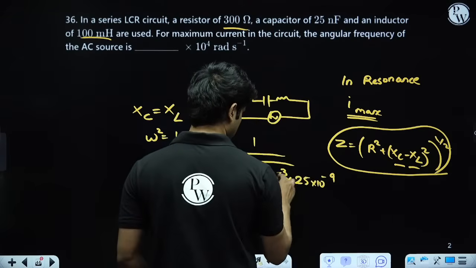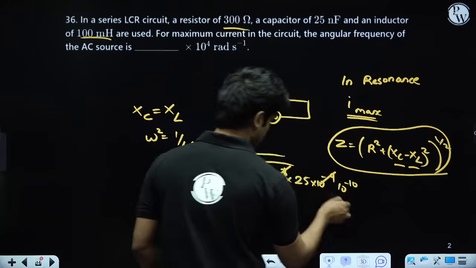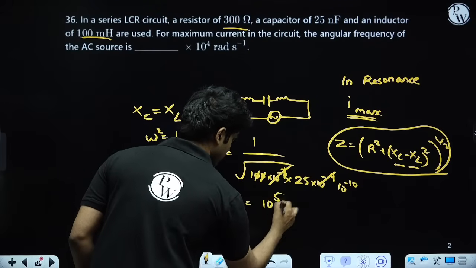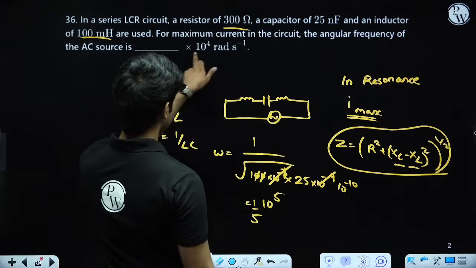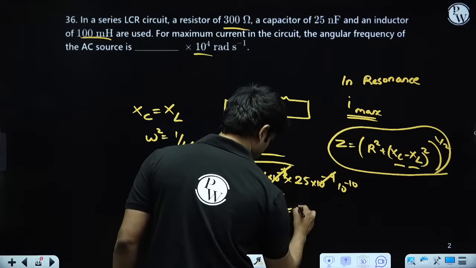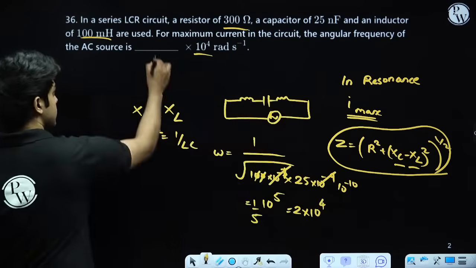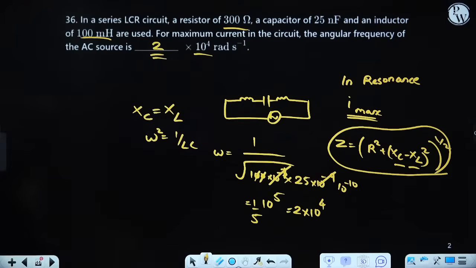So effectively 10 to the power minus 10. Once you take it out of the root, it will go to the numerator as 10 to the power 5, and there will be a 5 in the denominator. We need it in power of 10 to the power 4, so this will be 2 times 10 to the power 4 radians per second. So the answer will be 2. So XC equals XL, that was the logic. Yeah, 20,000.